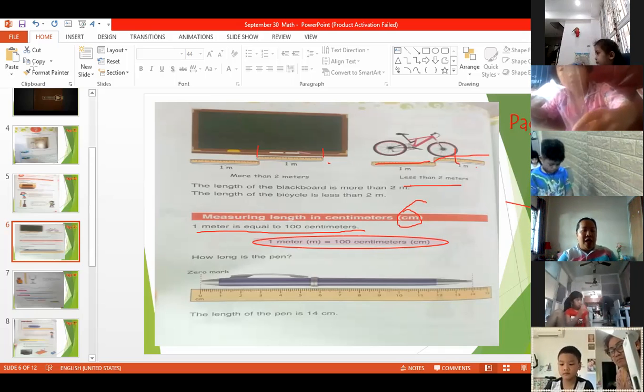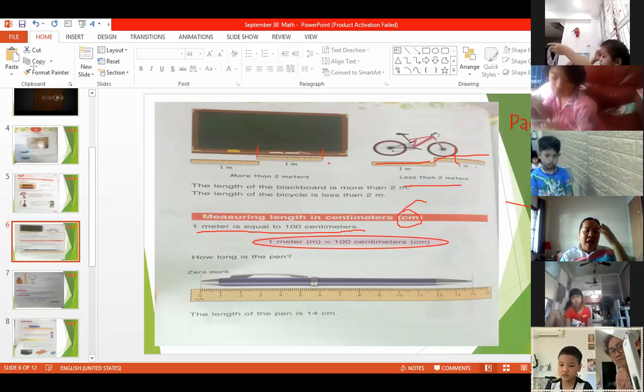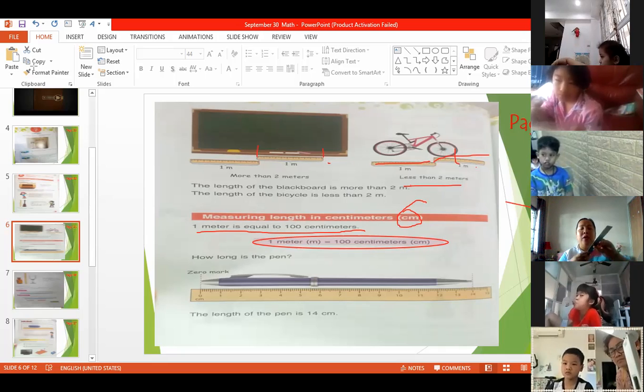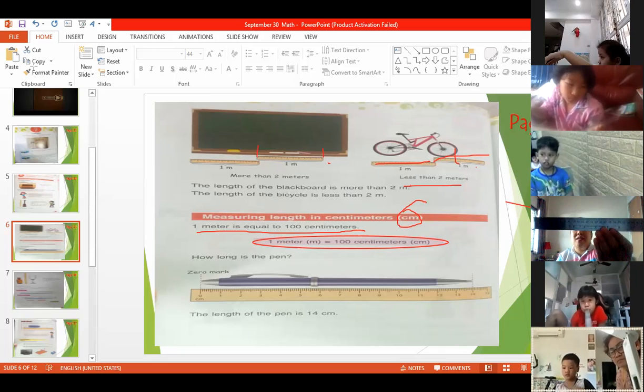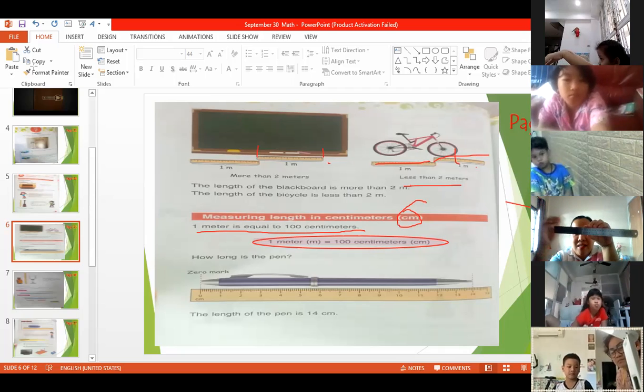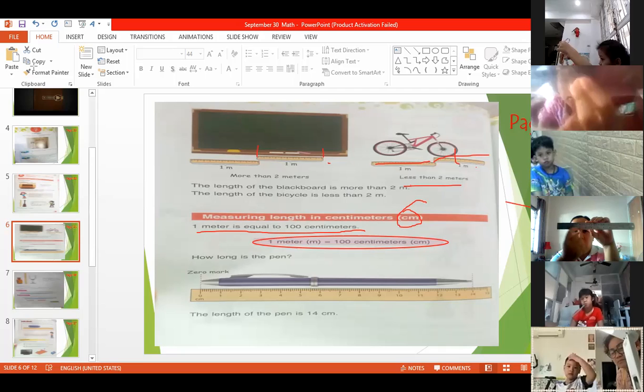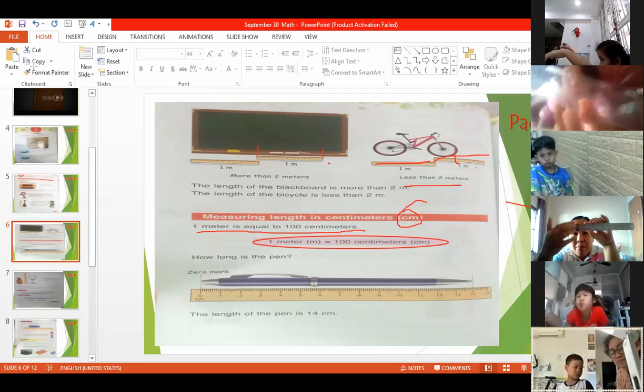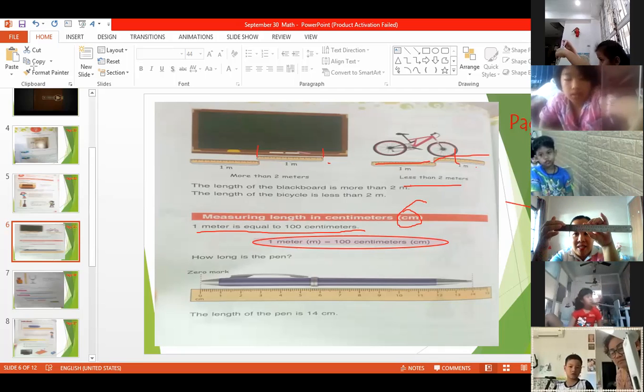Okay, so here, as we go on, you can see in your ruler, right? This is the centimeter above, not the big one, not below. It's above, that is centimeter.